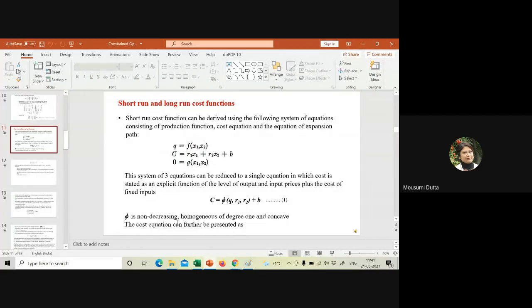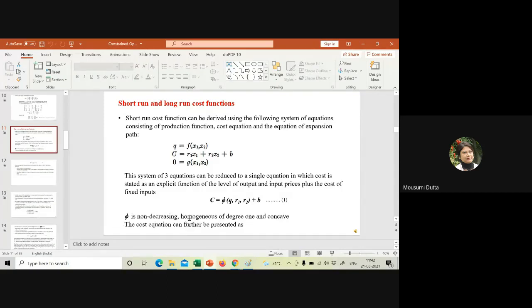This cost function is non-decreasing, homogeneous of degree 1, and concave. We already discussed some of these properties in the beginning, and today I'll add a note on homogeneous and homothetic functions as well.